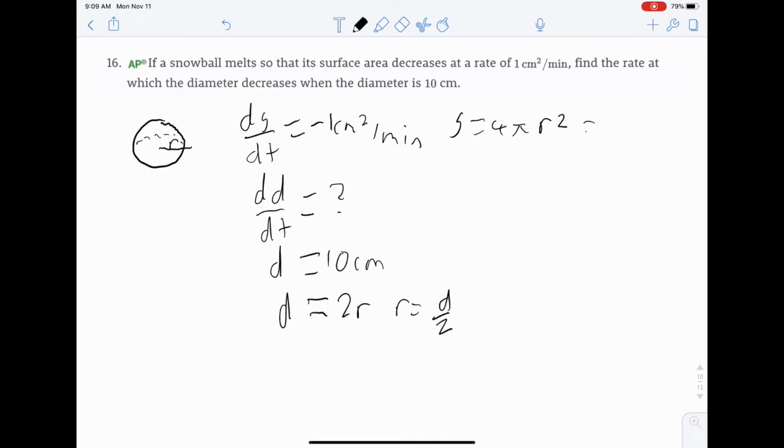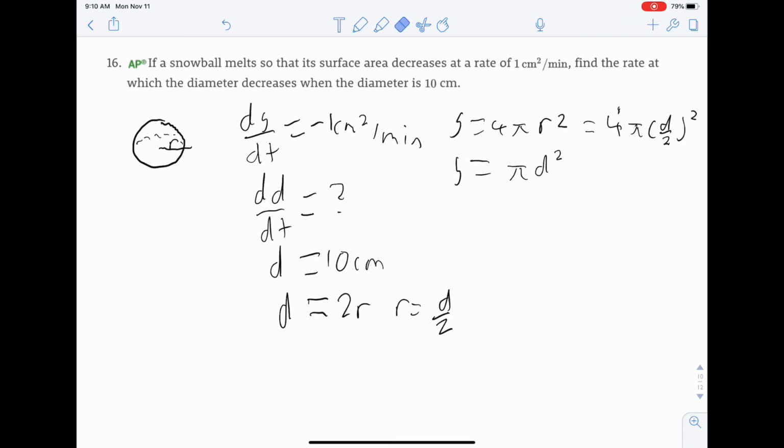So if you say 4 pi (d over 2) squared, that's going to give you d squared on top and 4 on the bottom, and that'll cancel out with the 4 at the front. So S equals pi d squared.